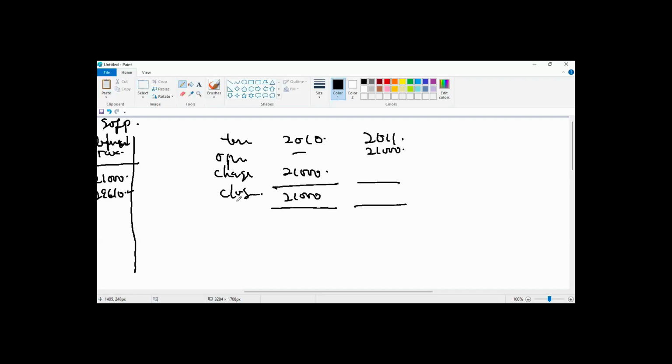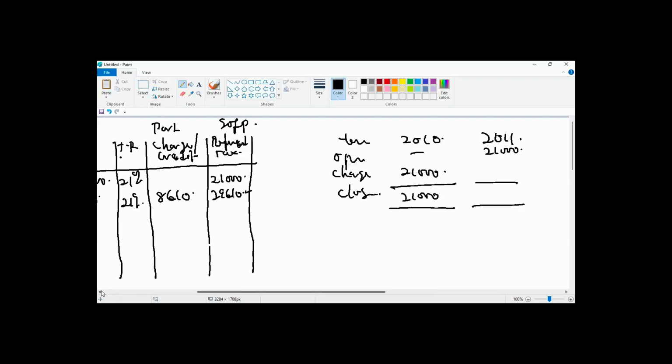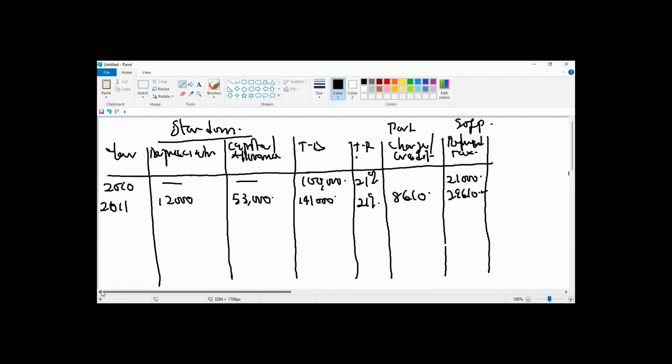How do I get the one that goes to the P or L? I know my interpretation: 53,000 minus 12,000, that is 41,000, times 21%. When depreciation is less than capital allowance, it's a charge. Charge of how much? 8,610. He has a temporary difference of 100,000 that leads to a deferred tax liability, because the net book value is in excess of the tax written down value. He brought 100,000 forward from 2010 to 2011.